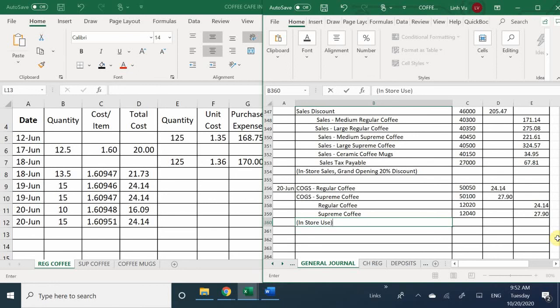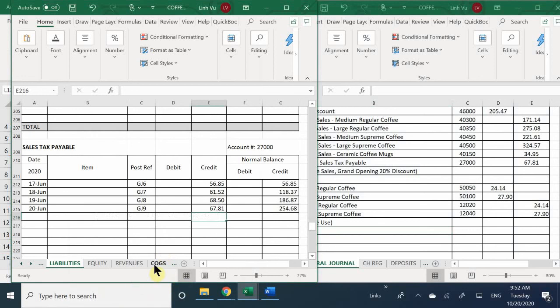In this case, did we actually sell these coffee? Nope. No, we just used them. Okay, so in-store use. Now where do we need to go? To the ledger.